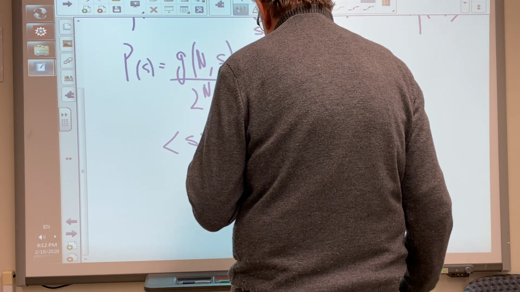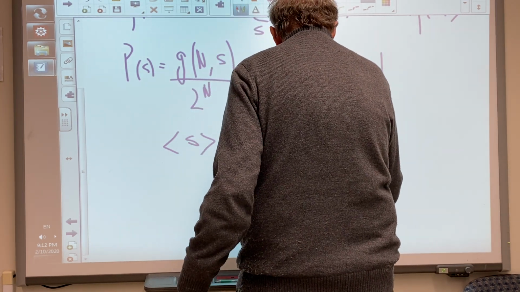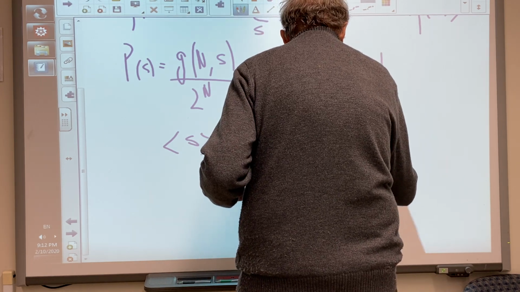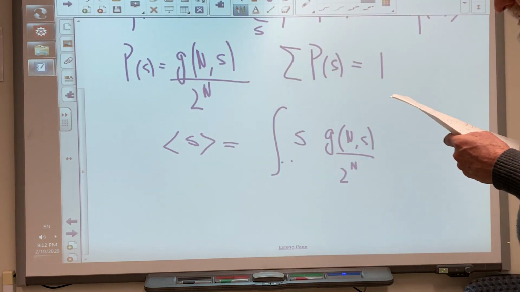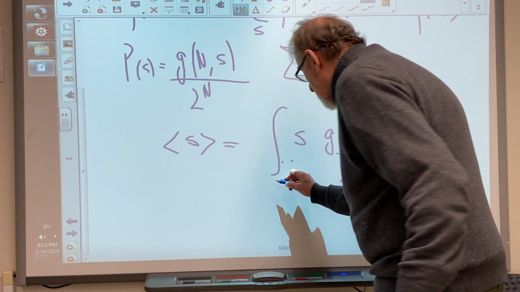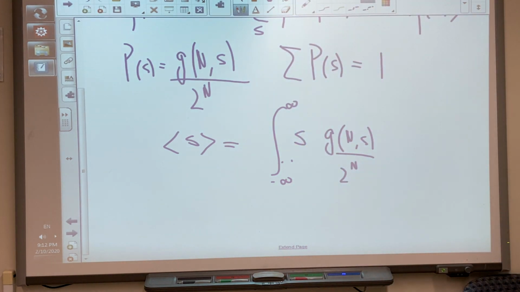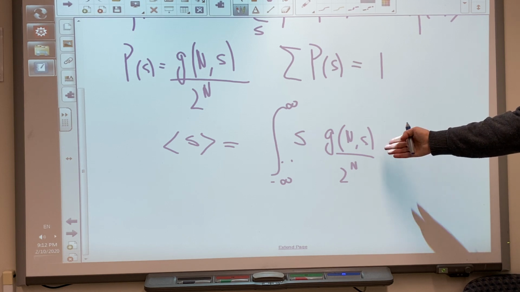So what is the average value of S? By definition it is the integral of S g of N S over 2 to the n, integrated from minus infinity to infinity. In theory, from minus n over 2 to n over 2, if you have a discrete sum, but in the limit it's that. I don't have to tell you what that integral is. I am sure you can calculate.